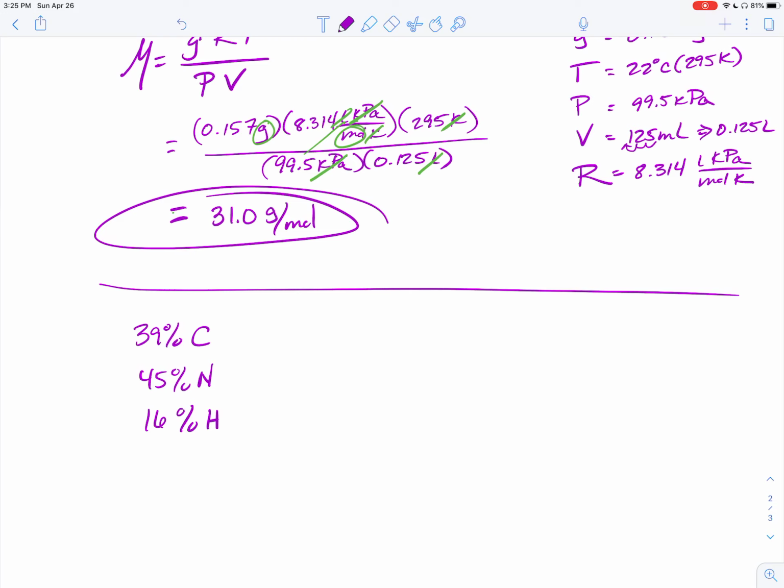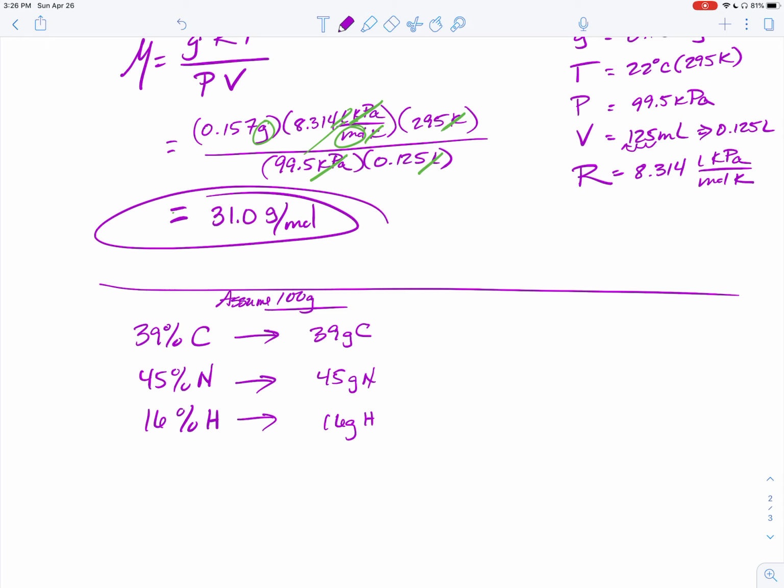And anytime you're given percent composition and you want to transition to moles of each element and determine what the subscript is in the empirical formula, you make an assumption that you have 100 grams. You're going to assume 100 grams of that substance, and that will translate into grams from the percentage. So that means you'll have 39 grams of carbon, 45 grams of nitrogen, 16 grams of hydrogen.